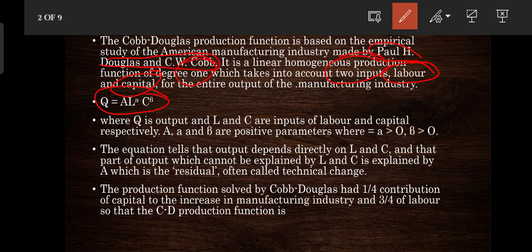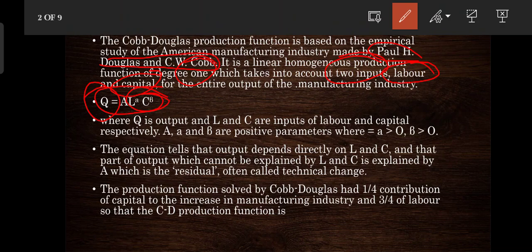Q is the dependent variable, and L and C are the independent variables, L for labor and C for capital. These are the inputs used in the production.